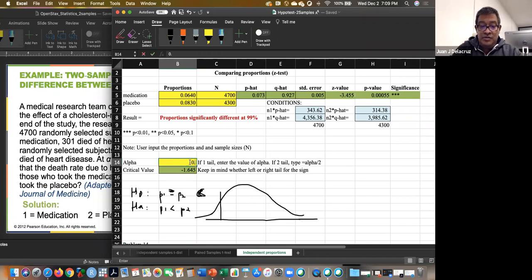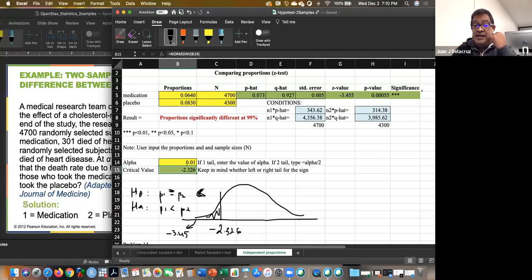This is 0.01 and it's a left tail test. So my critical value here is going to be minus 2.326. My z value is minus 3.45. So it's going to be somewhere in here, right? So negative. Clearly using the p-value, I can make the call.